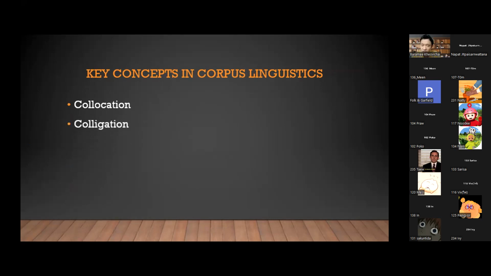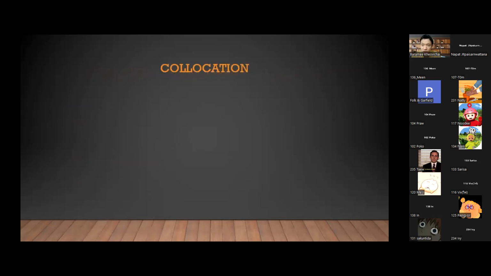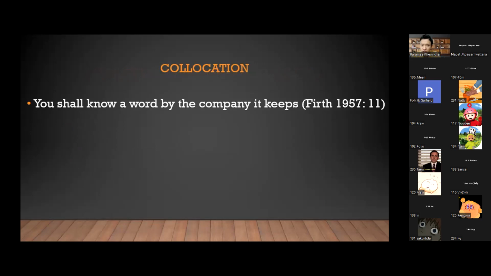So we have the idea of collocation, colligation, semantic preference, and semantic prosody. Let's talk about each of them in a moment. The idea is that a word doesn't occur in isolation; words tend to have another word.